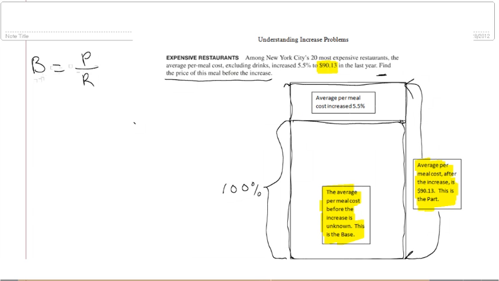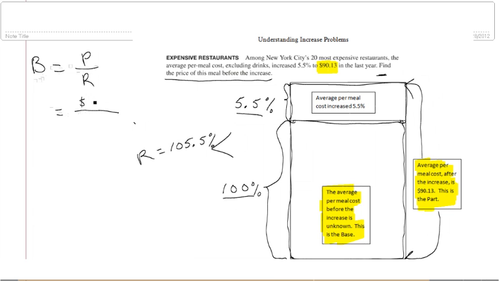And then since this part up here represents the increase, and we know the increase is 5.5%, when we take the 5.5% and the 100% and add them together, that gives us our rate of 105.5%.